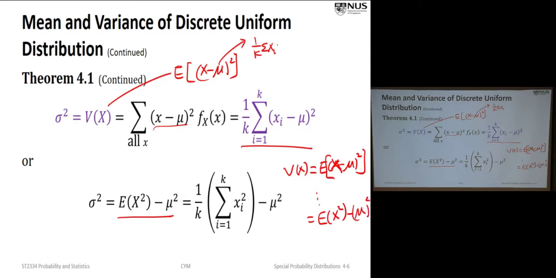All right, so I just apply that. You have to know why it's like that. This, in fact, is the quantity x squared times the probability f of x, which is 1 over k. But each term has 1 over k, so I bring it out as a common factor. So it becomes 1 over k times the sum of xi squared. All right, so these are the variances.